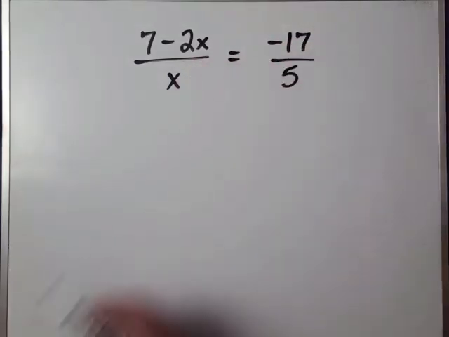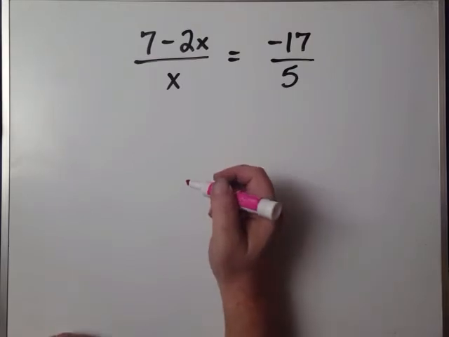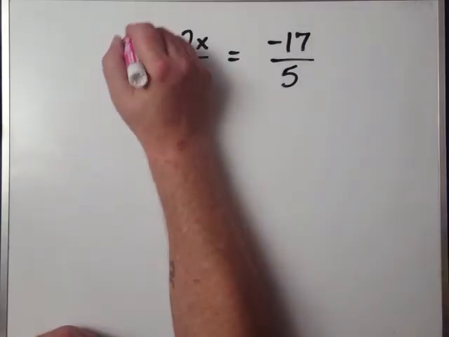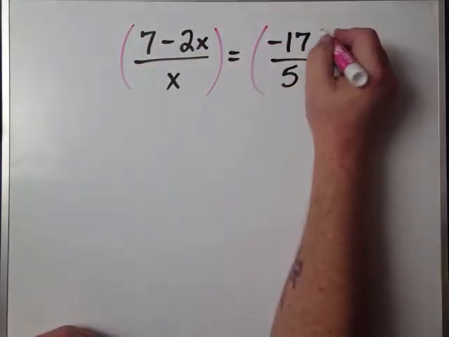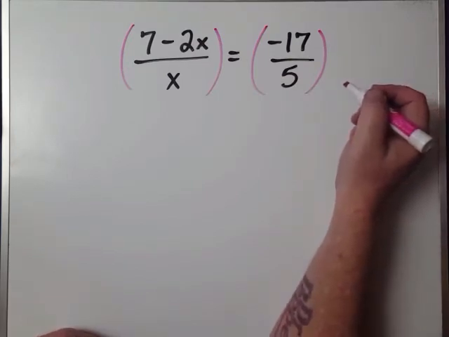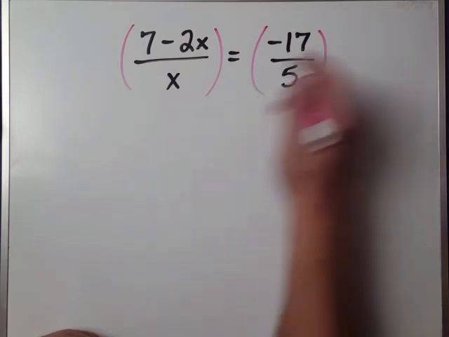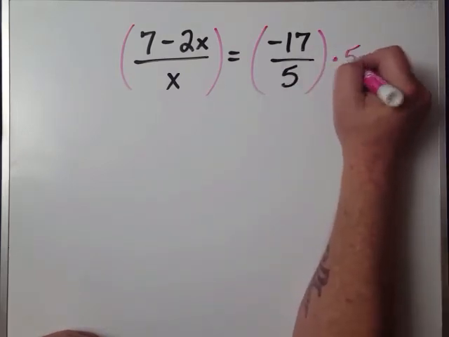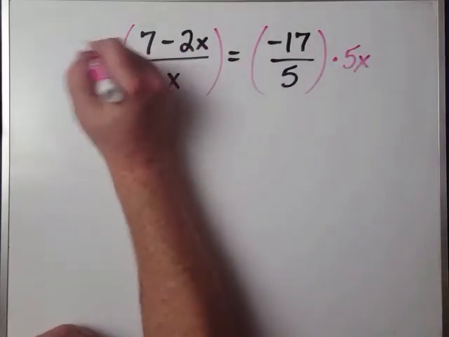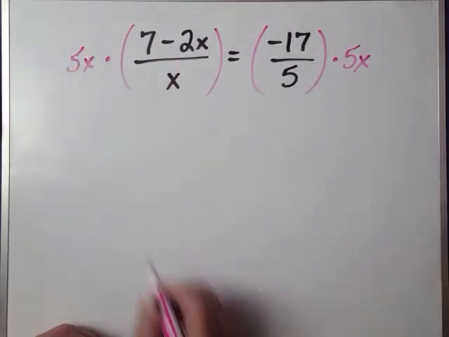So although I could use the cross products, I could cross multiply, let me do this by saying I'm going to clear the fractions. Multiply both sides by the least common denominator. I have factors of 5 and I have factors of x, each appearing no more than once in any one denominator. My least common denominator then is 5x.